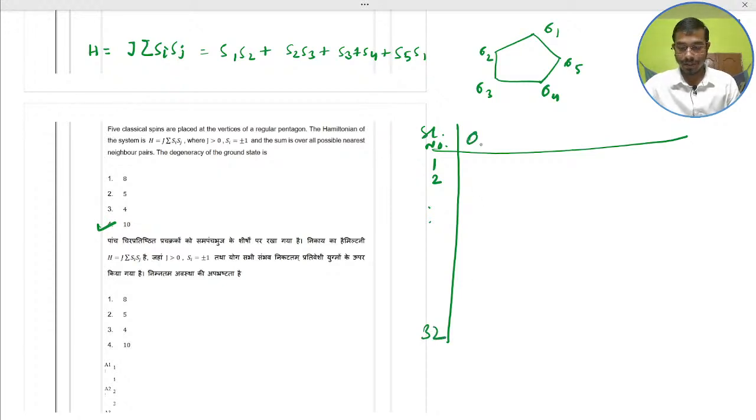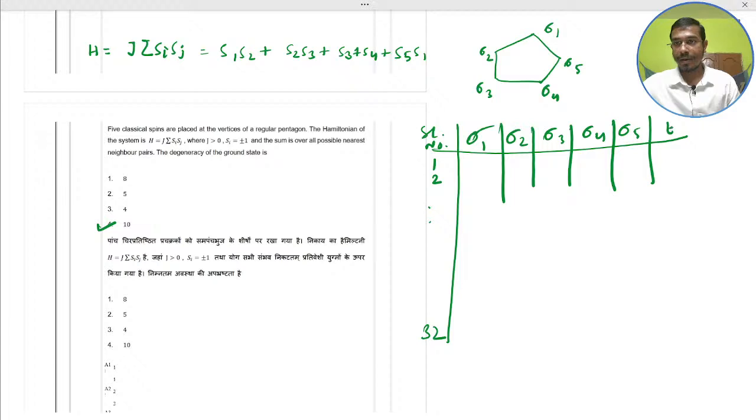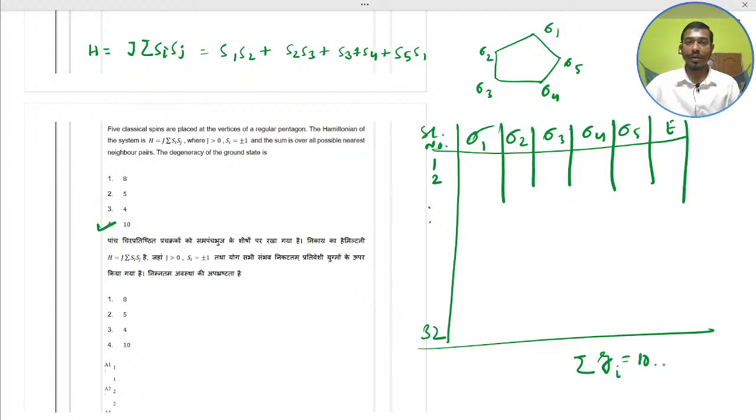Here this is sigma 1, sigma 2, sigma 3, sigma 4, sigma 5, and the E. You would get the number of degeneracy, the summation, that would be 10. You count this distribution. This is basically class 12 combination or permutation. Next question.